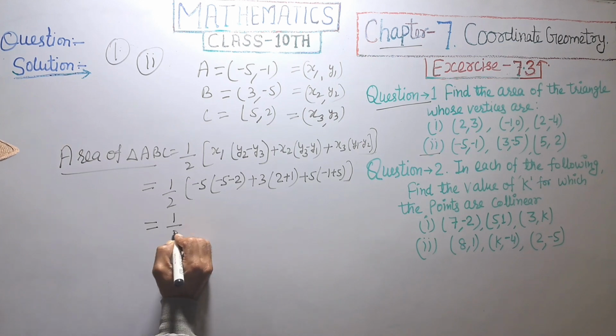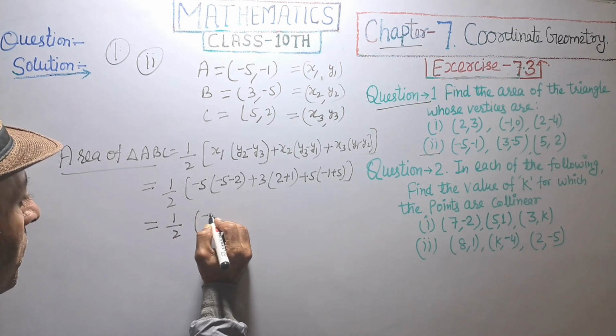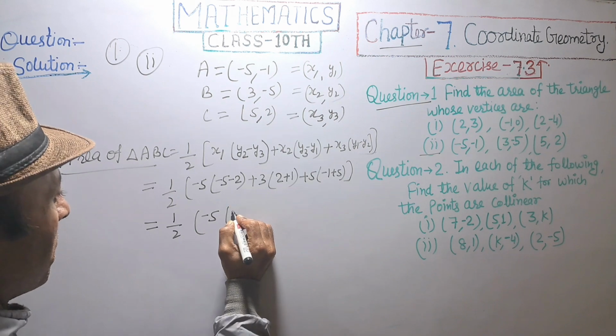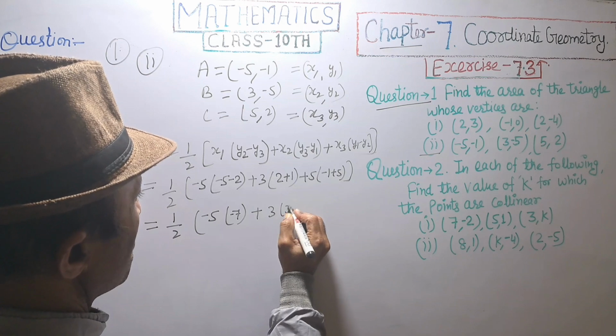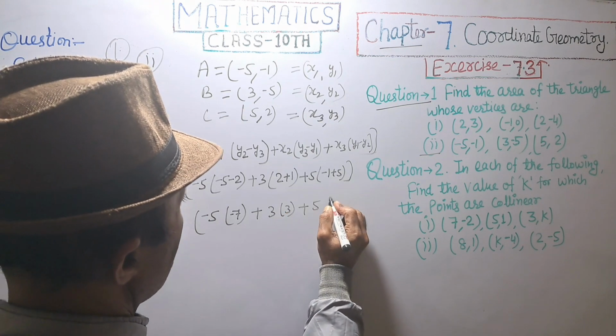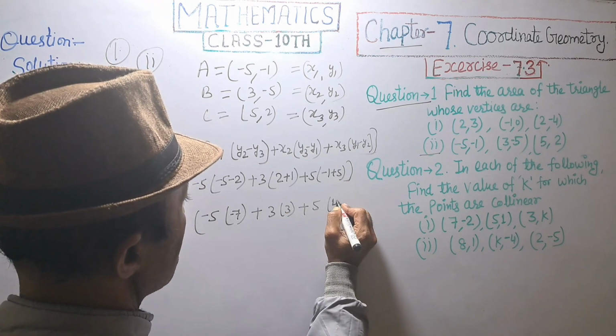That is equal to 1 by 2 [minus 5 into minus 7, plus 3 into 3, plus 5 into 5 minus 1, that is 4].